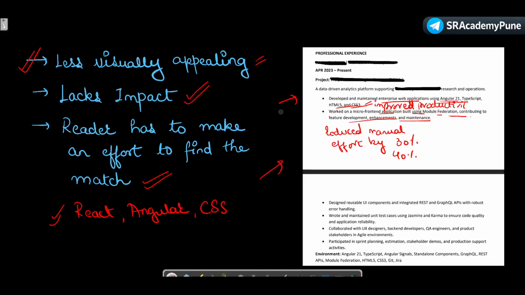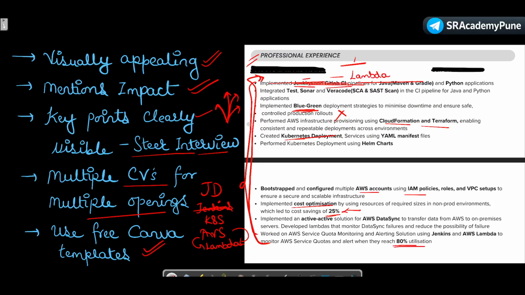I have used this CV and I have got calls for various openings at various companies. So use this format, and you can use Canva to make it. Just make sure you highlight the tech stack and the impact. So this was chapter 1, the CV.